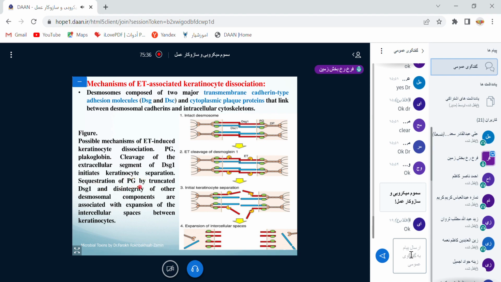Sequestering of PG by truncated DSG1, and disintegration of other desmosomal components are associated with expansion of intracellular space between keratinocytes. So keratinocytes on the right and left now don't have any interaction. They don't have any bond.